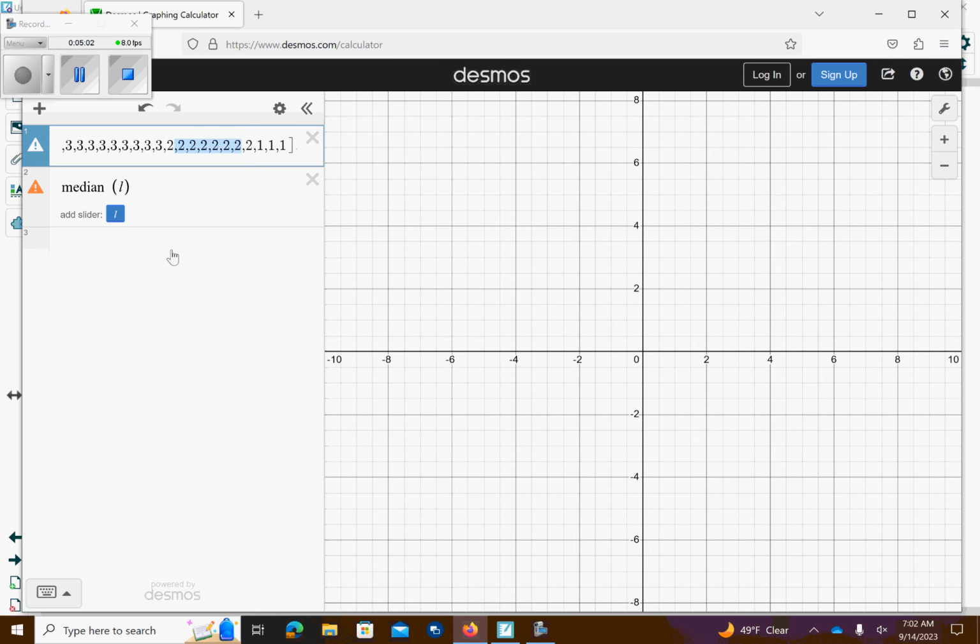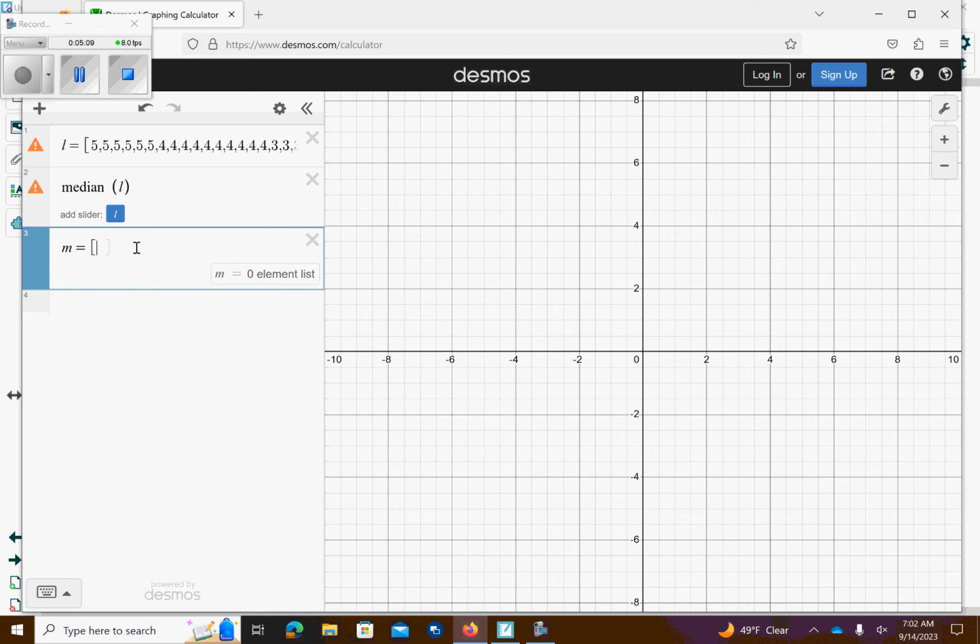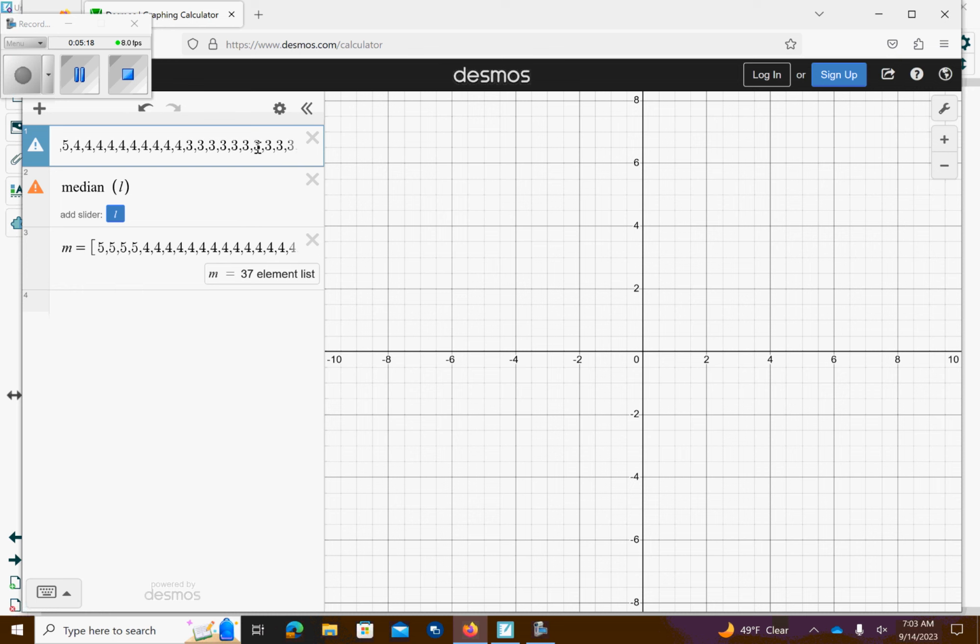All right, so let me go down here. We're going to call this guy down here M equals square bracket, Control V. Let's see, why is this one not showing up? Well, maybe we just have to do a copy and paste of these results. So I'm just copying this data so I can duplicate it.